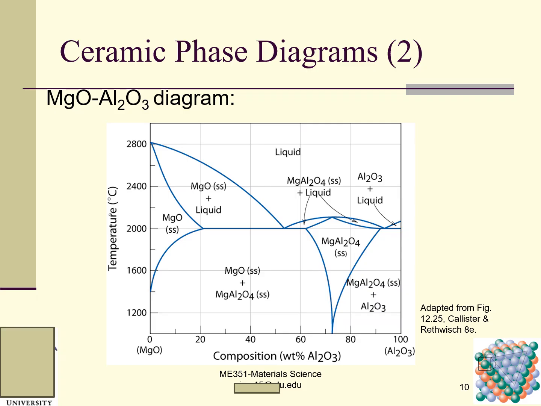And so here this is the liquid, the solid phase plus liquid. So there is another magnesium aluminum oxide solid solution plus aluminum oxide.